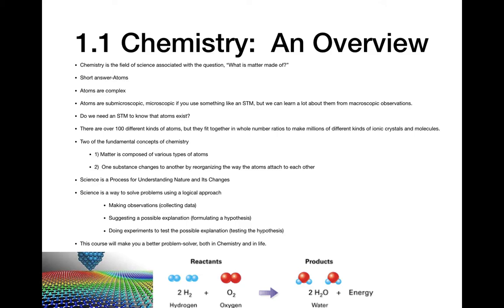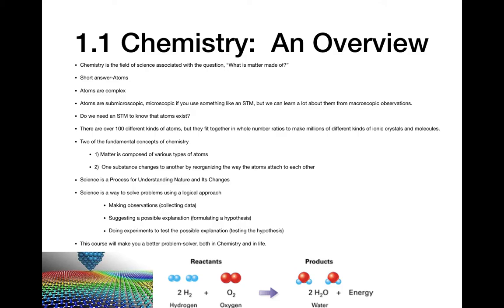Obviously, in chemistry, one of our explanations was that atoms were existing at the submicroscopic level and that these atoms were in fact causing the behavior of macroscopic matter. We call that formulating a hypothesis.